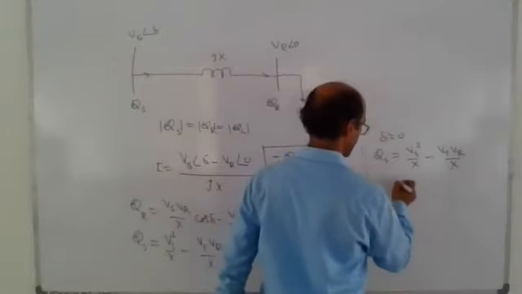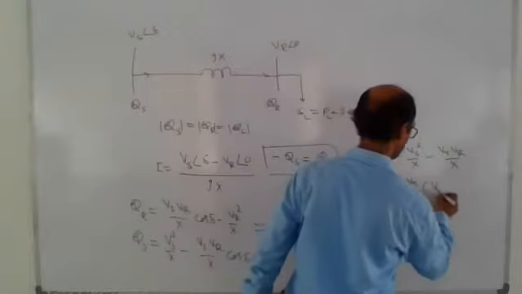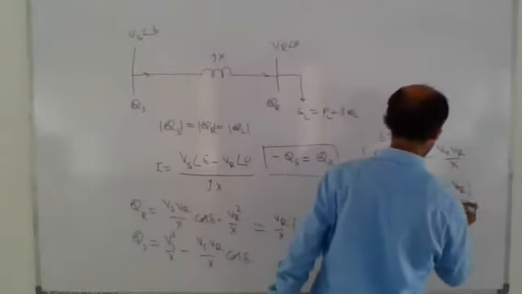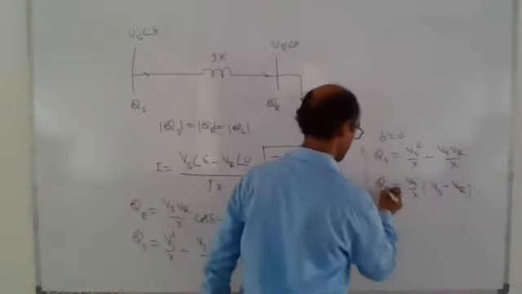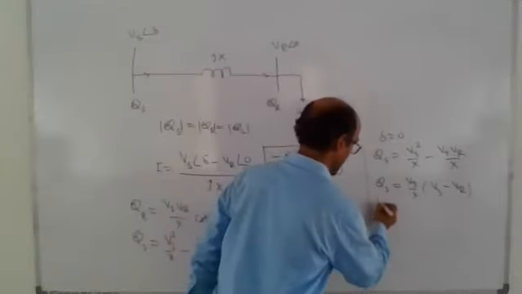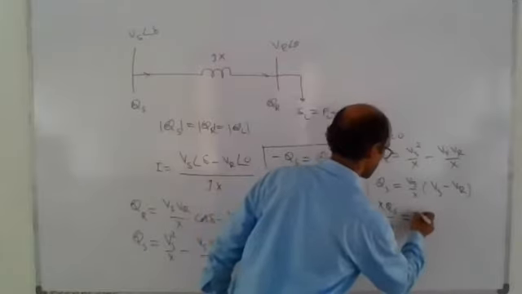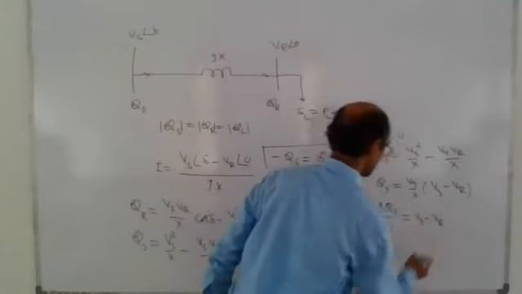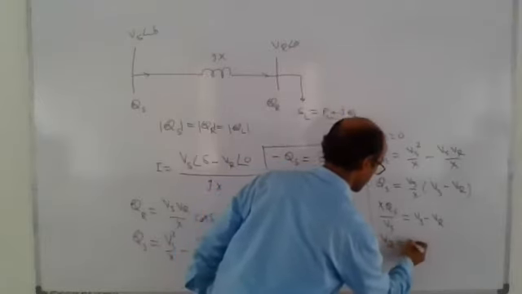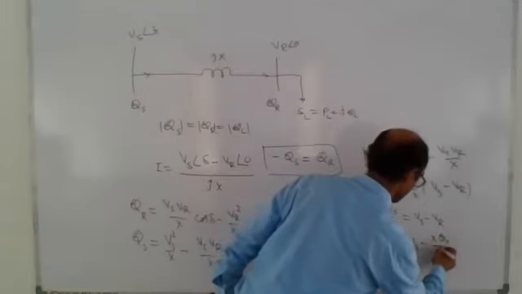Now if you take VS common, this is VS by X, bracket VS minus VR. So X QS divided by VS equals VS minus VR. Take VR to this side. VR is VS minus X QS divided by VS.